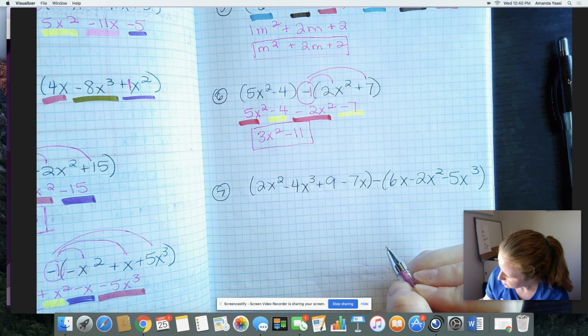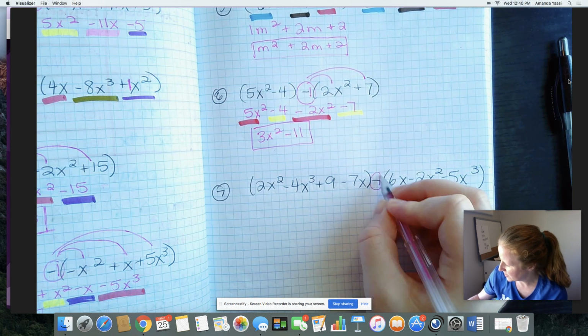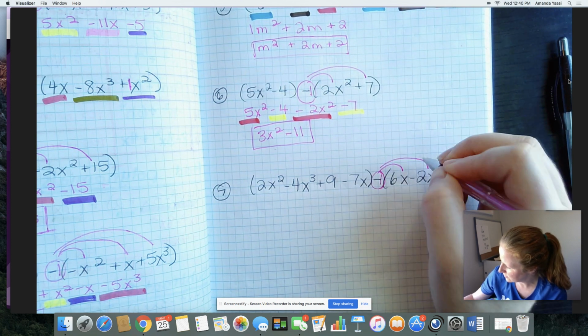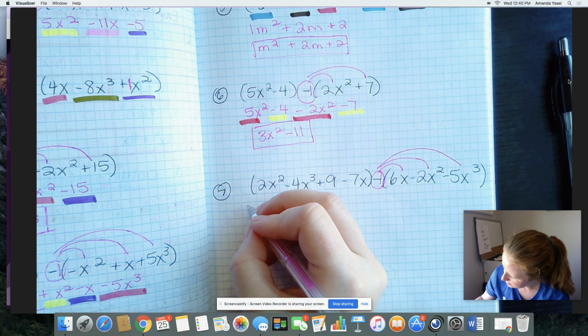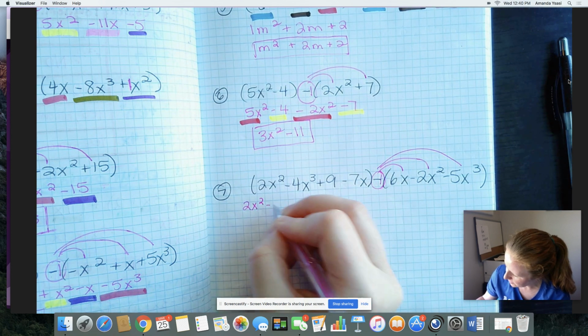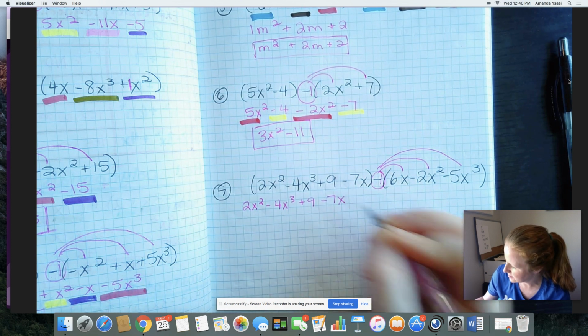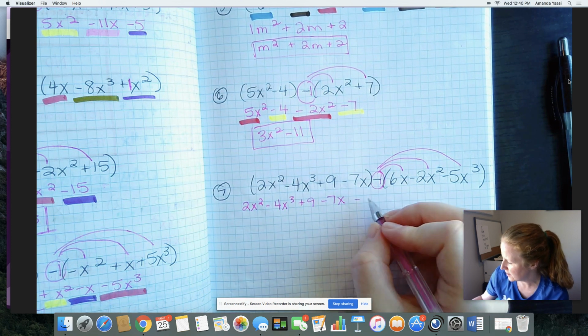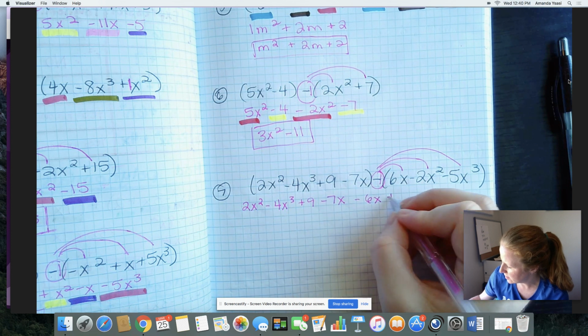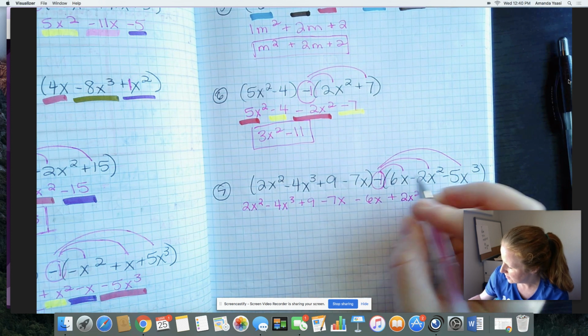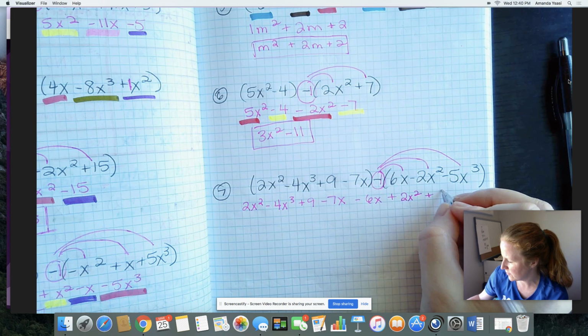Okay, so this has that negative, so that means I need to distribute the negative. So I still have this 2x squared minus 4x cubed plus 9 minus 7x. And now I have negative 6x plus 2x squared. Negative and negative make that plus 5x cubed.